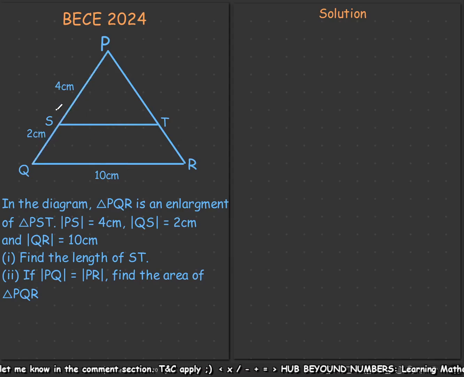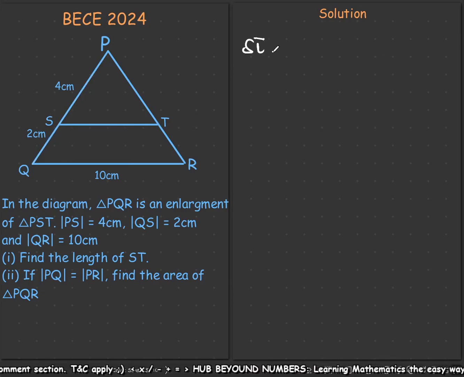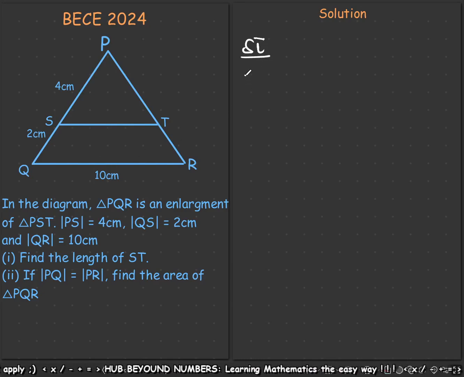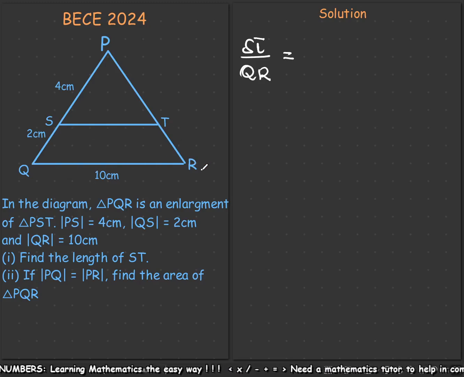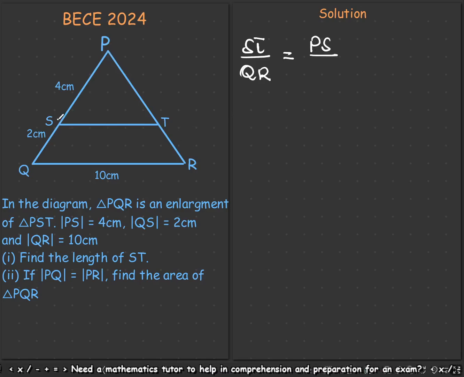So the formula says that ST, the small one, over the big one, QR, should be equal to, taking another small portion of the triangle, PS over PQ.